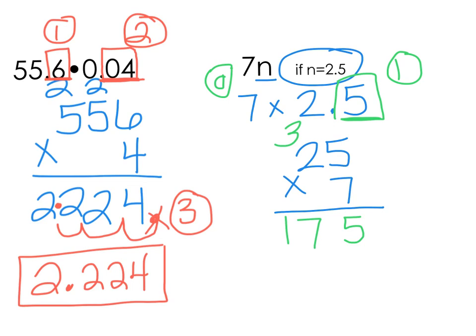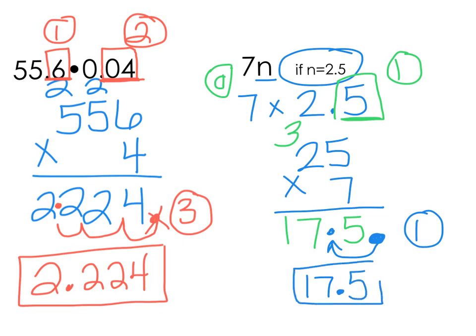So in my final product, my answer to a multiplication problem, I'm going to move the decimal over 1 time. So I'm always going to start in the very back and move the decimal over once. And my final product would be 17.5 or 17 and 5 tenths.